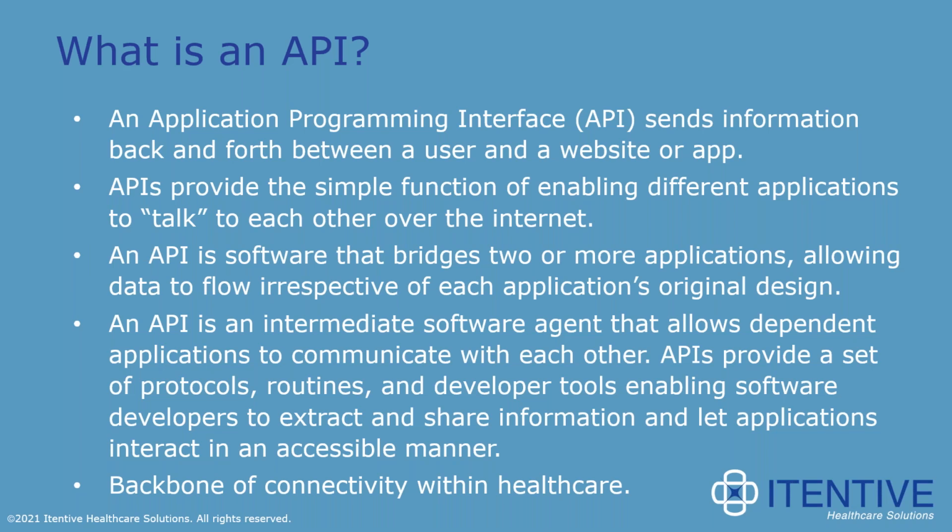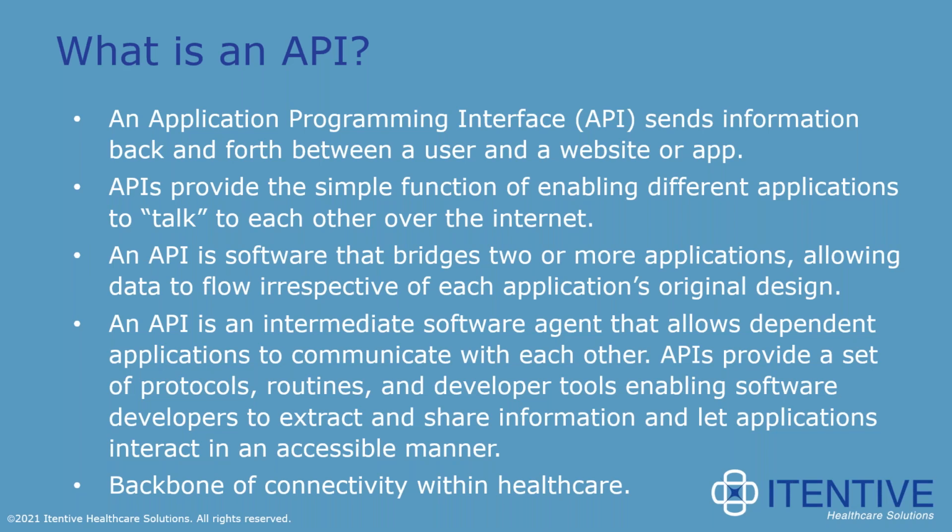So if we take it up a notch a little bit towards the technical realm, it's going to be a set of some sort of subroutine definitions of communication protocols and tools that are going to make it easier for software developers to develop programs in blocks that can be later put together. So an API can also facilitate communication between systems by opening up access to individual components for developers and partners so that separate programs can actually communicate and work together.